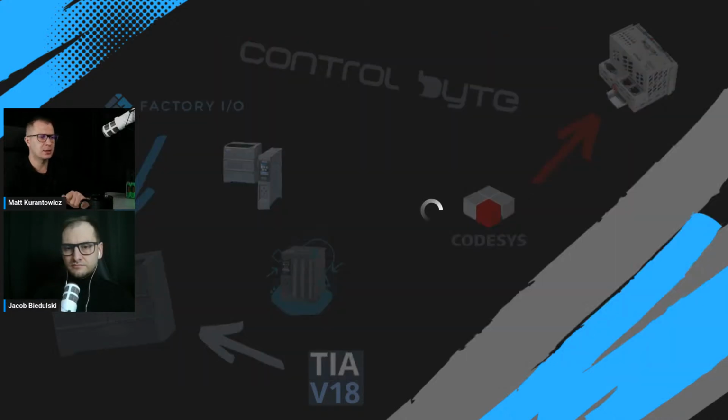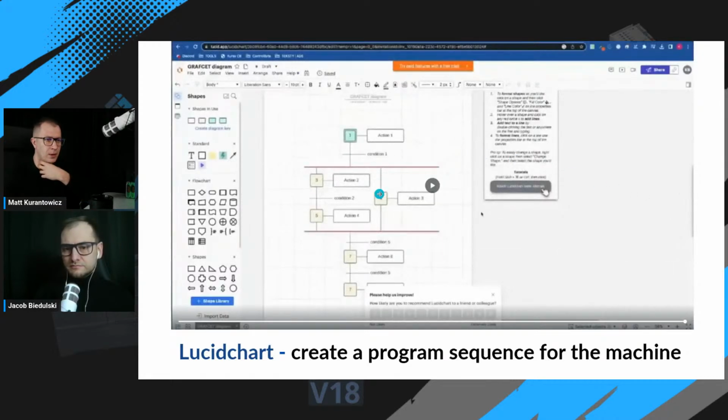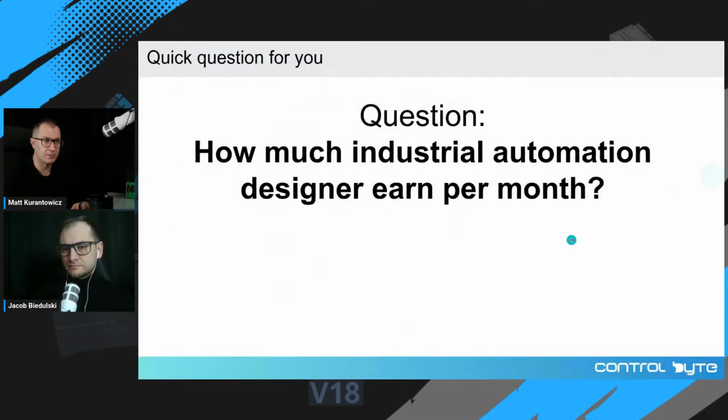And the last free tool, which we use for creating programs and machines, is Lucidchart. Here you can draw a sequence for the machine or create a diagram for such a machine.